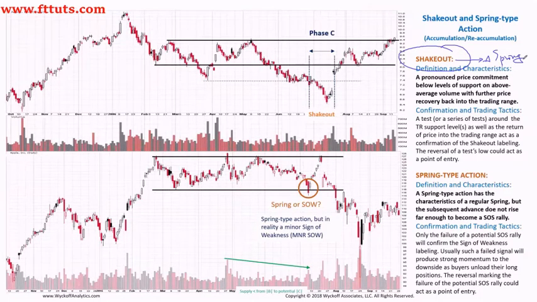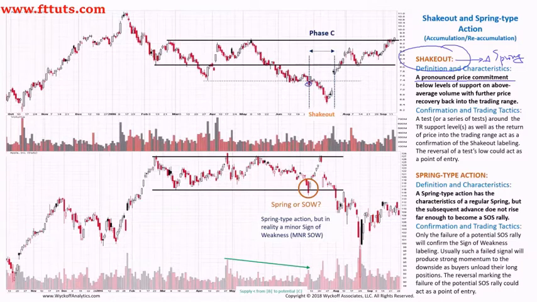So we said that the spring is either an attempt or a temporary commitment below the support level. Shakeout is much more than that. On a very simplistic level, think of the shakeout as a very, very deep spring. So it's a pronounced price commitment below levels of the support.